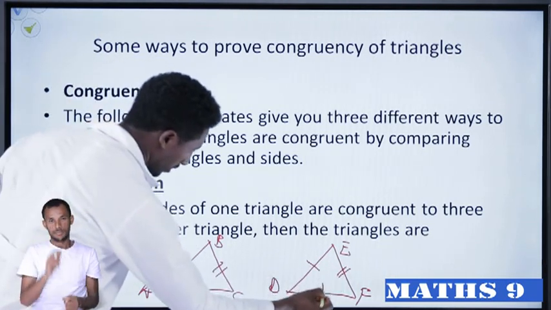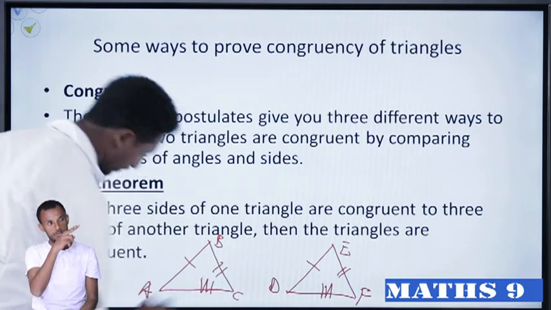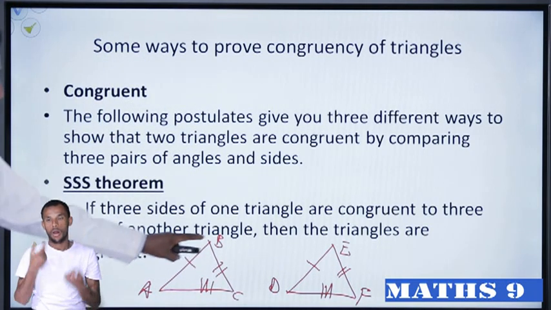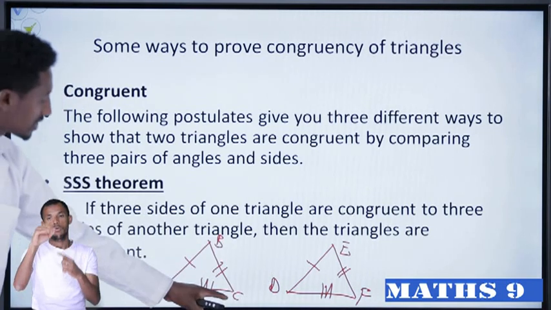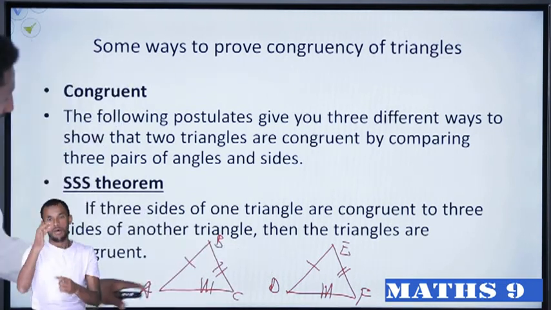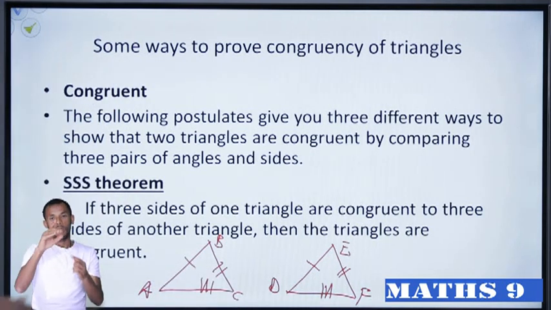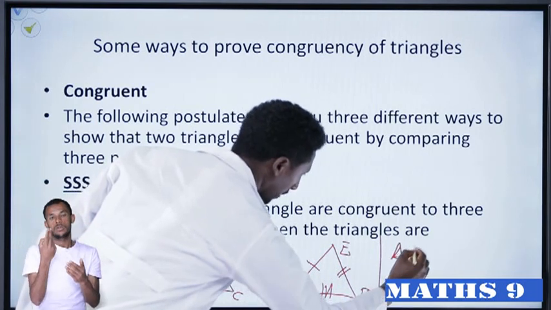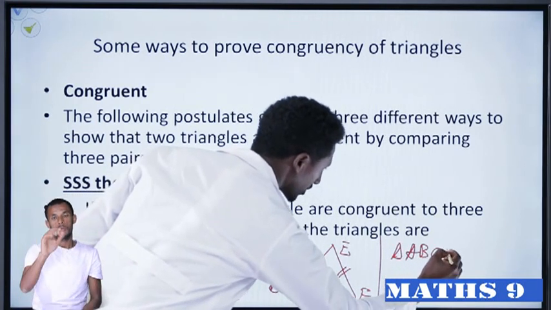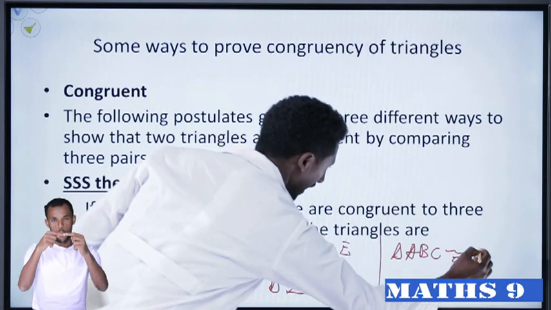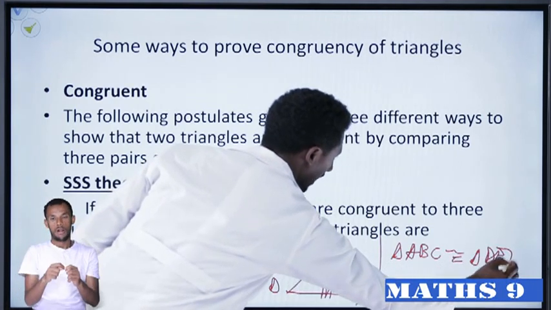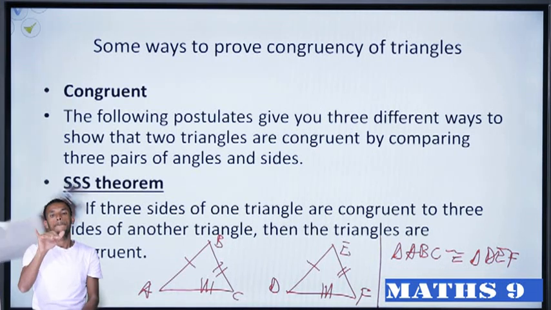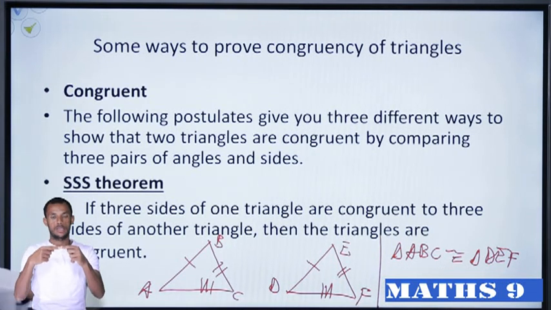Here we can see AB is congruent to DE, BC is congruent to EF, and AC is congruent to DF. So without showing the corresponding angles are congruent, simply using this theorem, we can say triangle ABC is congruent with triangle DEF by the side-side-side congruency theorem.